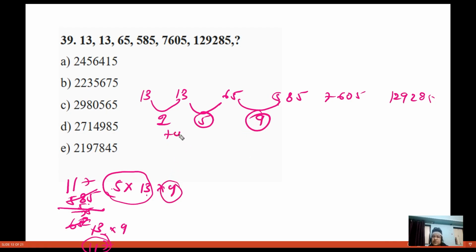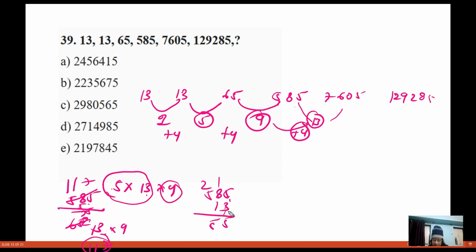So plus 4, plus 4. Let us see whether this is plus 4. That is, whether we are multiplying this by 13 or not. So 585 into 13, let us multiply. So 5 3s are 15, 8 3s are 24, 25 to carry over. 5 3s are 15, we are getting 17, and then we have 585 here.